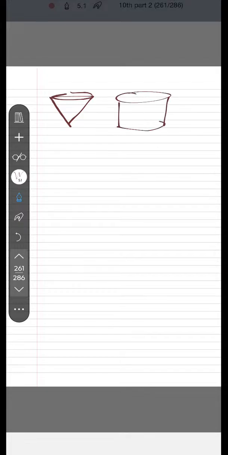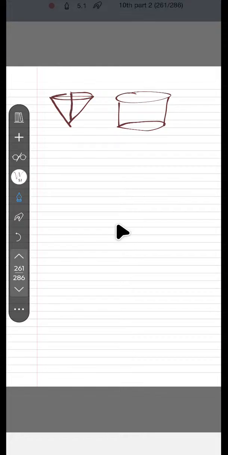See student, so here we have the question. This is a cone and another thing given here is a jug. What do both terms say?